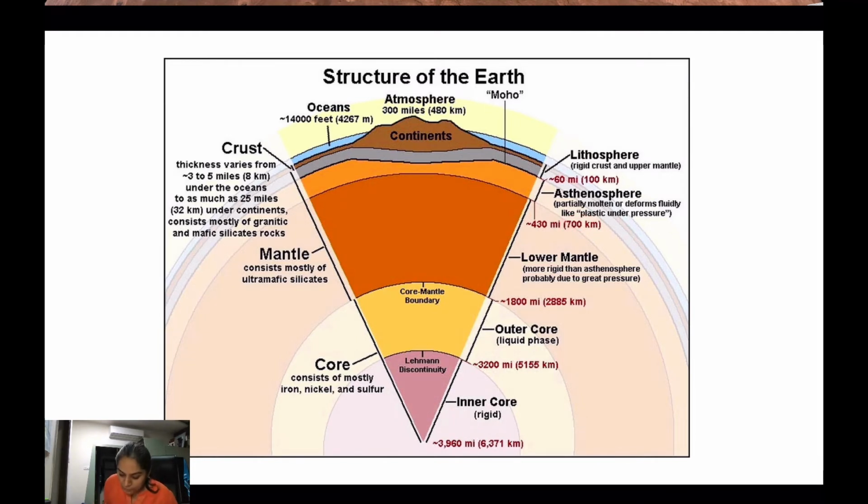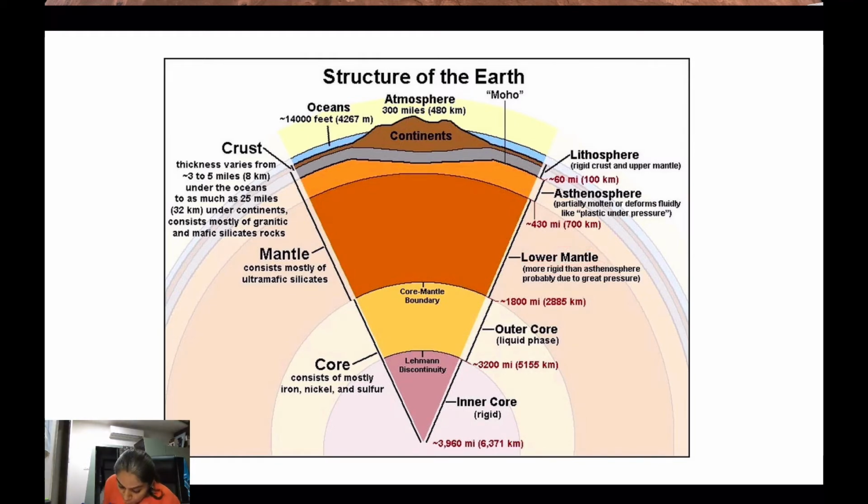And then from there to the lower mantle, the pressure becomes extremely high. It's up to 700 kilometers worth of material on top of that area, which is why even though the temperature is high, it's not going to get a chance to be semi-solid like the asthenosphere, which is why this area is rigid, and this is called the lower mantle.